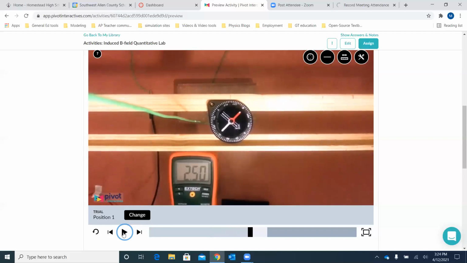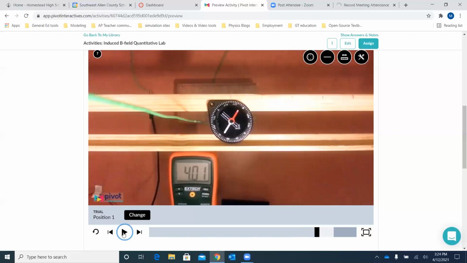There's 2.5, 3, I can measure those angles. There's 3.5, 4, I can measure that angle.